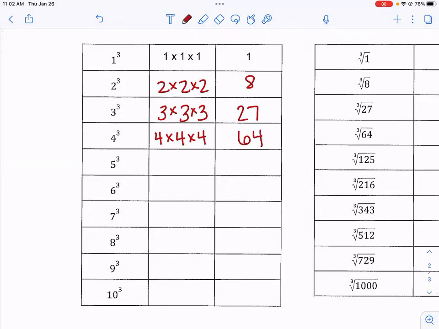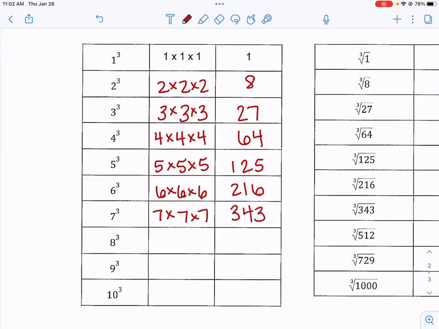4 cubed is 64. 5 cubed is 125. 6 cubed is 216. 7 cubed is 343. 8 cubed is 512.